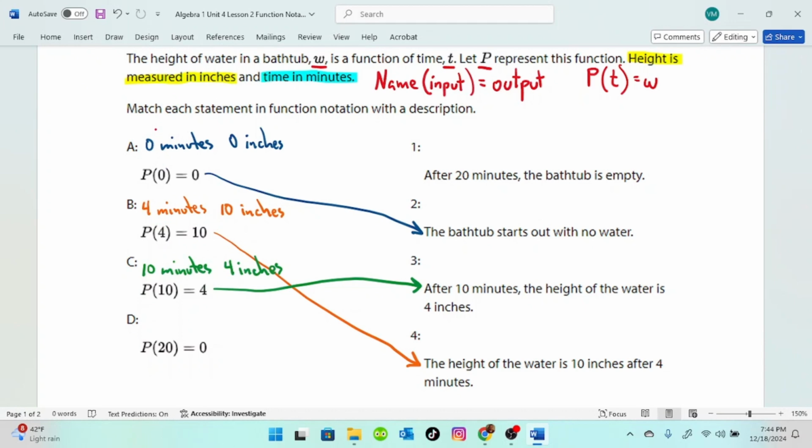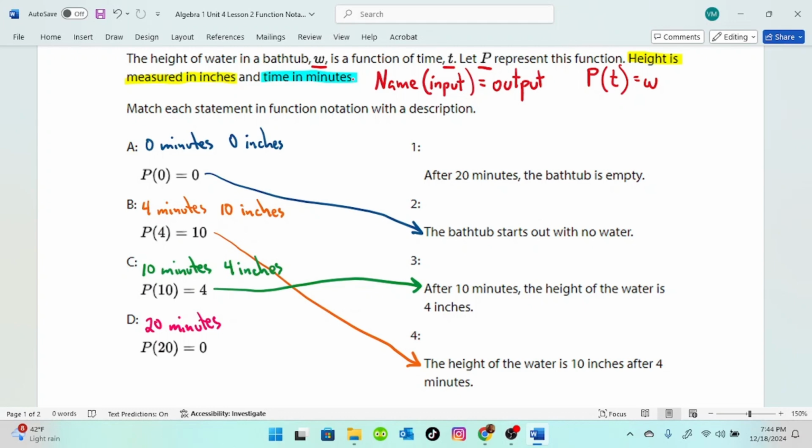And finally, D, we have P of 20. 20 is the input. The input is time measured in minutes. So that is 20 minutes. Equals 0. 0 is the output.